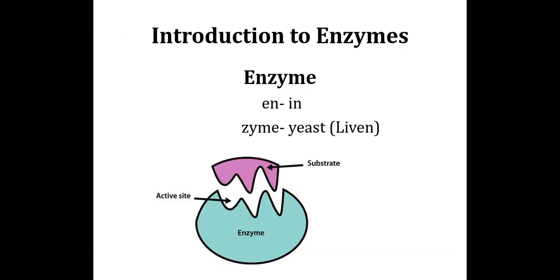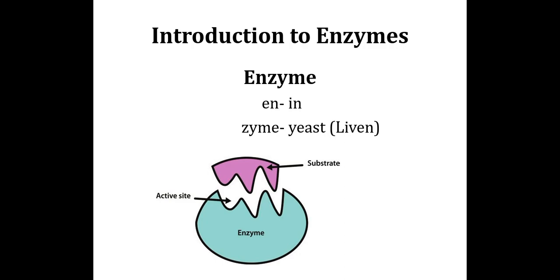So basically we know that there are two fundamental conditions for life. The first one is that the living organism must be able to replicate, and second, the organism must be able to catalyze chemical reactions efficiently and selectively.